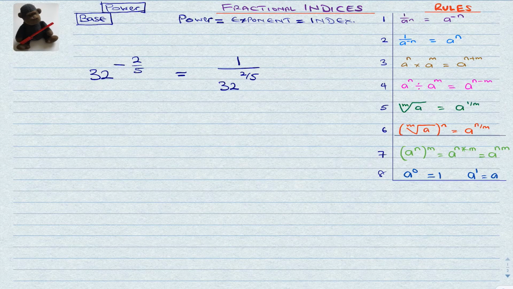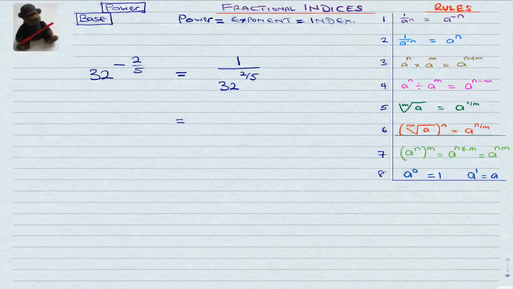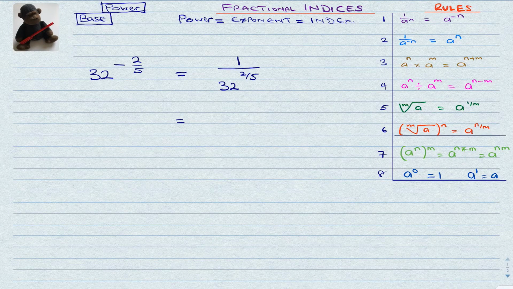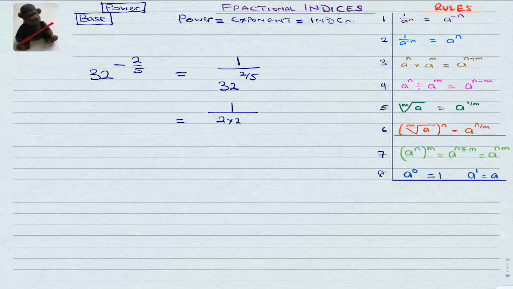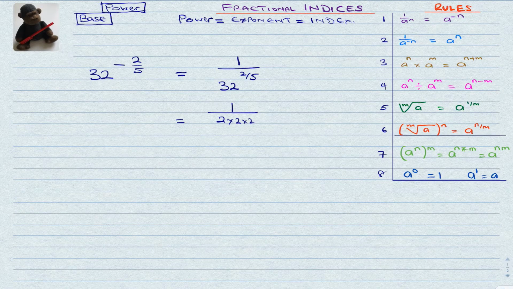It's saying 32 can be written by a number that we multiply by itself 5 times and we get 32. And that number is 2. So you get 2. So that'll be 2 times 2, 4, times 2, 8, times 2, 16, times 2, 32.